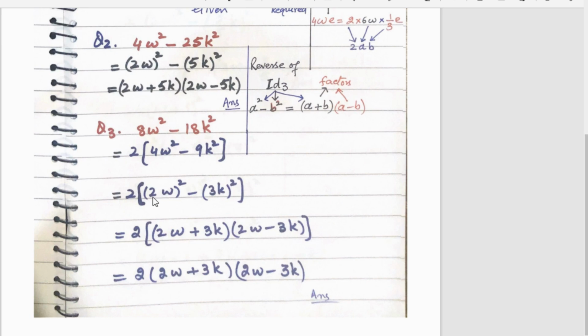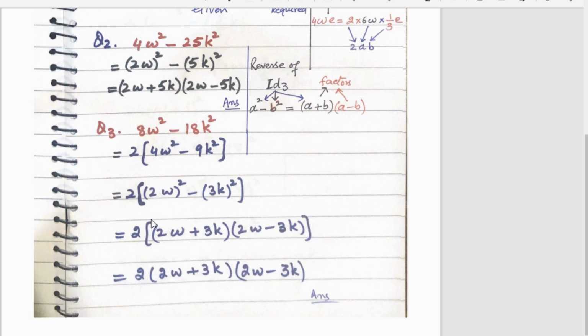What is a over here? 2w and b is 3k. Now our a is 2w and b is 3k. We will write down a plus b and a minus b like this: 2w plus 3k, 2w minus 3k. This is a plus b and a minus b.